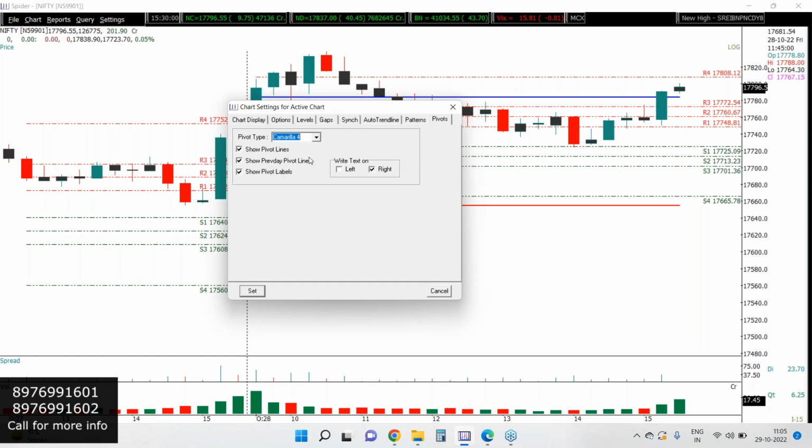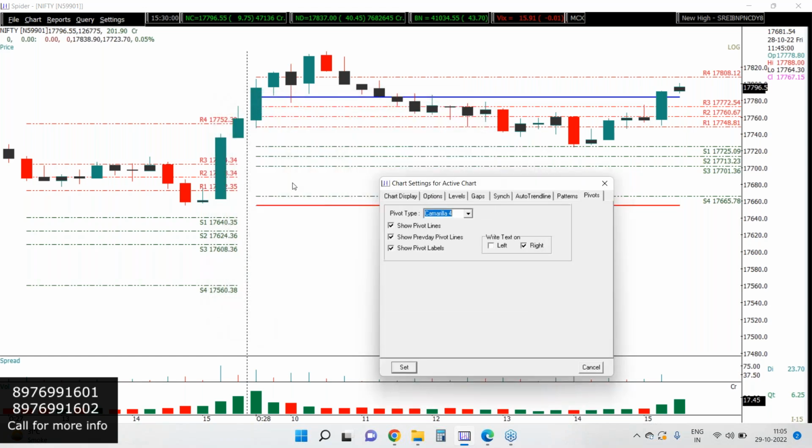Show previous day pivot lines: you can see on my current chart I'm also getting the pivot levels of the previous day. And the third one, show pivot level labels, means it will show you the labels R1, R2, R3, R4, and S1, S2, S3, S4. The fourth option: if I want the labels on the left side, I click left; if I want them on the right side, I tick right.